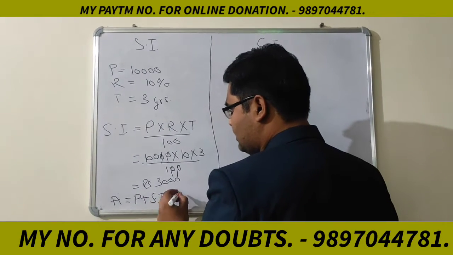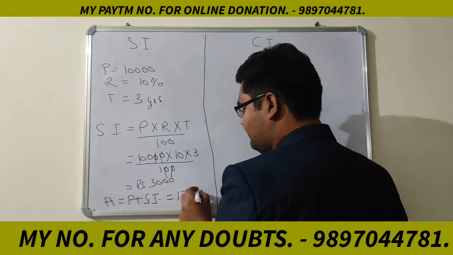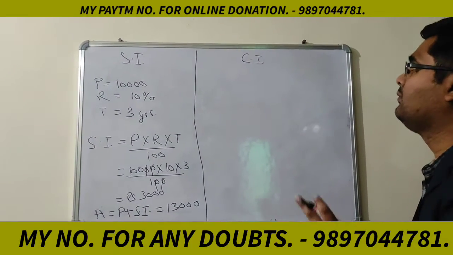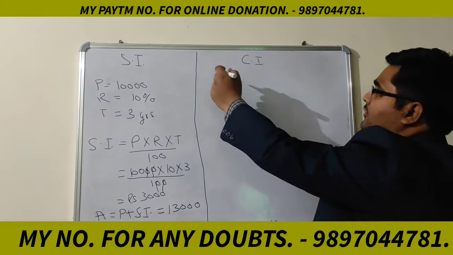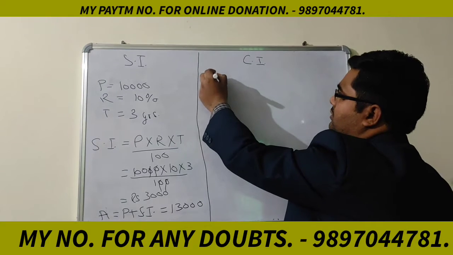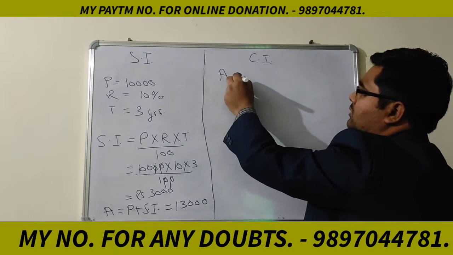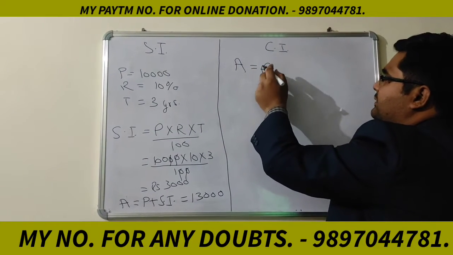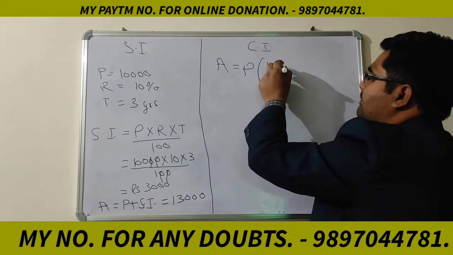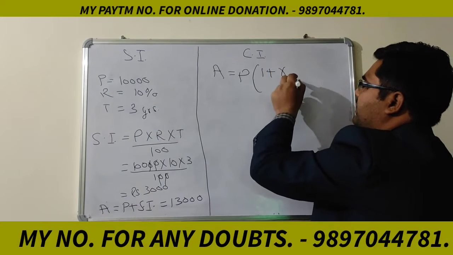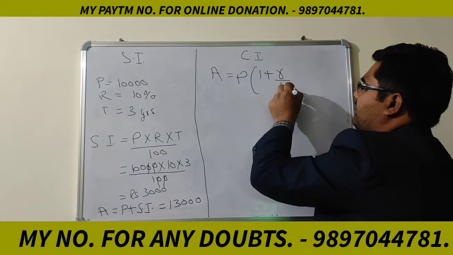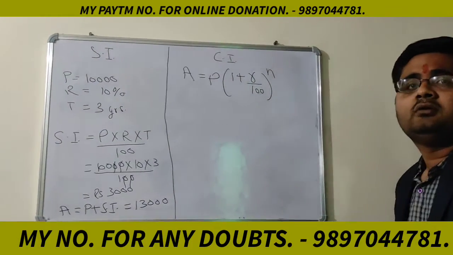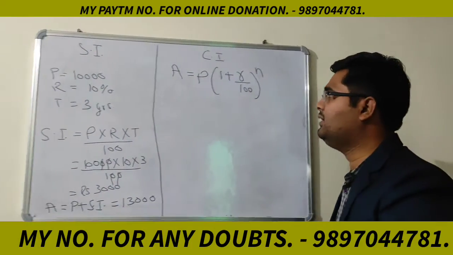So amount comes out to be 10,000 plus 3,000, that is 13,000. In CI, first we calculate the amount. The formula of amount is P, that is principal, into 1 plus R, the rate, upon 100, to the power N. N is the time in years.